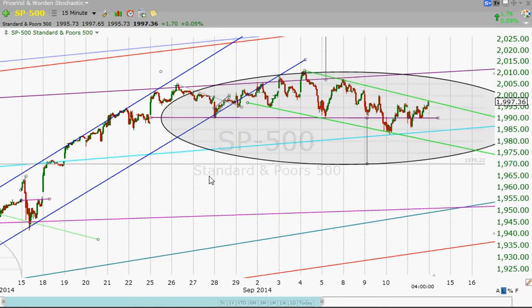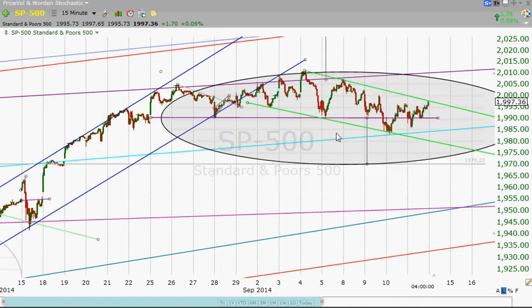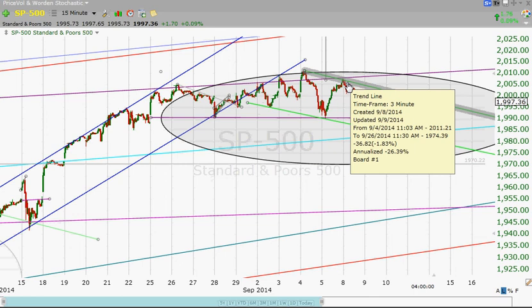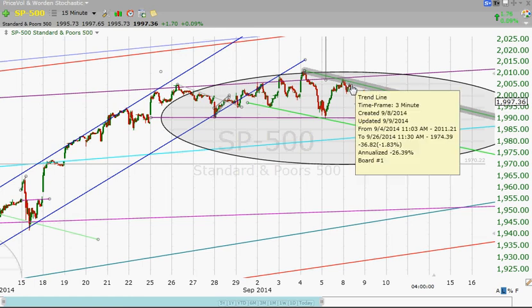Now, every now and then I will move a line, and I'll tell you. Let me tell you a little secret. When you go to freestockcharts.com, I think you get this information that just popped up right there on a trend line. Look, you go right here and it says trend line created 9/8/2014, updated 9/9/2014.